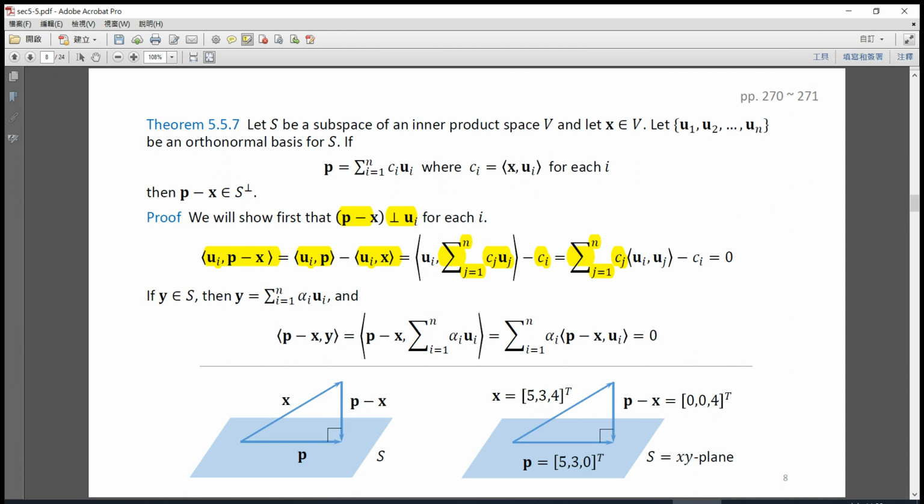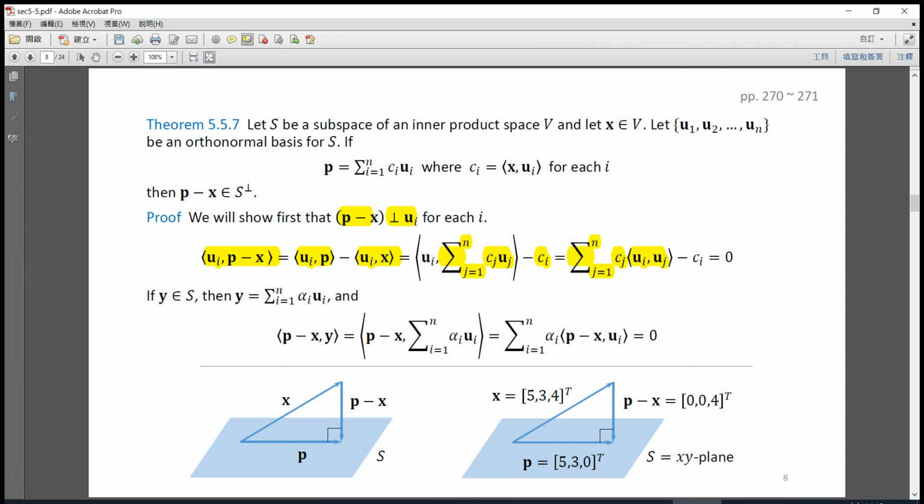And we know that the inner product of Ui and Uj equals delta ij, and delta ij equals 1 whenever i equals j, and delta ij equals 0 whenever i is not equal to j, and therefore the summation equals Ci, and Ci minus Ci equals 0, and hence the inner product of Ui and P minus X equals 0 for each i, and therefore we have proved P minus X is orthogonal to Ui for each i.